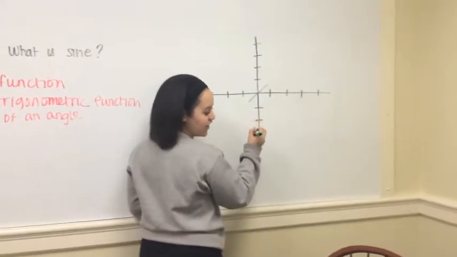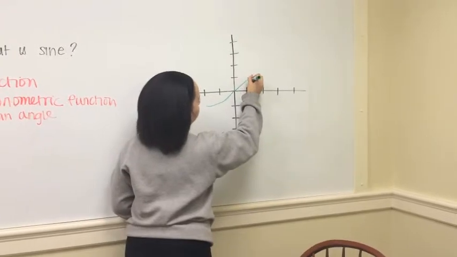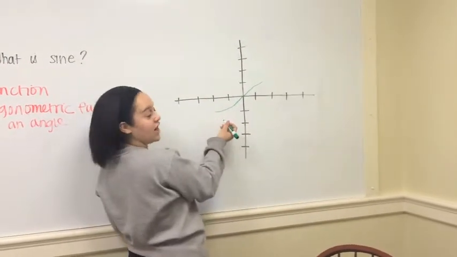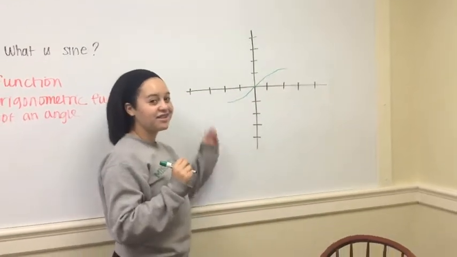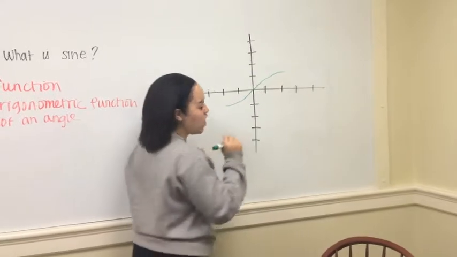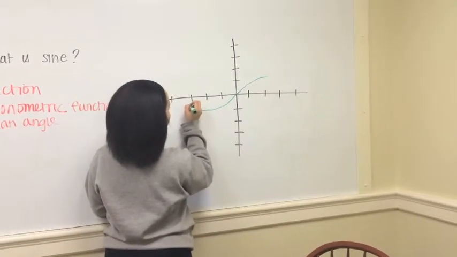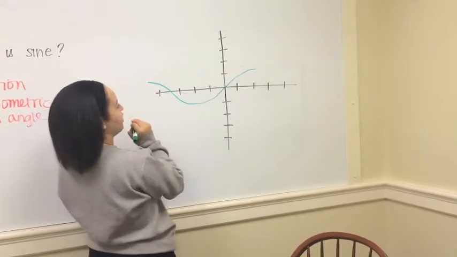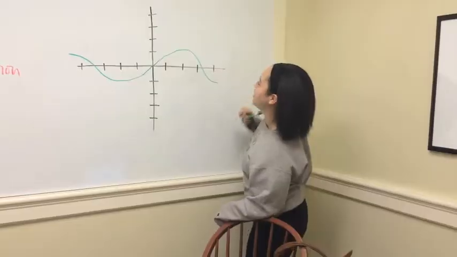Then it's going to curve down all the way to the 1, and all the way to the -1 on this side, and then onto the 1 on this side. Next, it's going to go back down again, right after the 3. So on this side, it will go over here and come back up. And then on this side, it'll go right here.